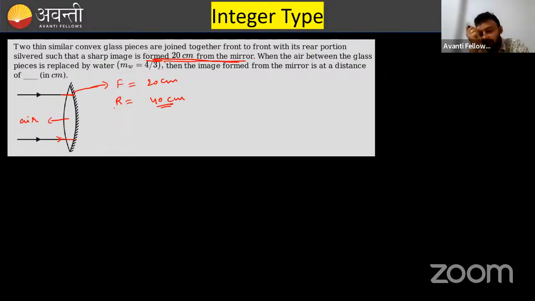And in case of concave mirror, if parallel rays come, like if rays are coming from infinite, image will be at focus. So question is saying image is formed at 20 centimeter from the mirror. That means this distance is the focal length of my mirror. For this reflective part, focus is 20 centimeter. And if focus is 20, then radius will be 40.